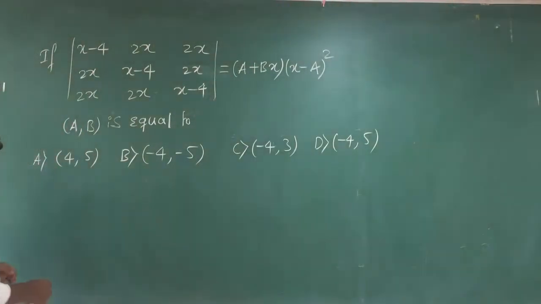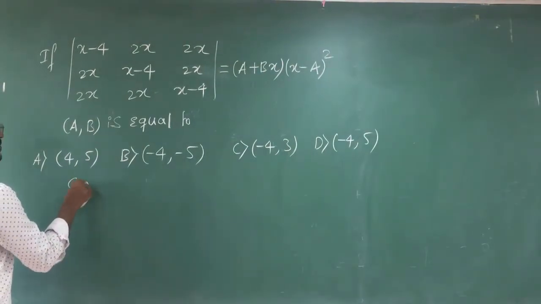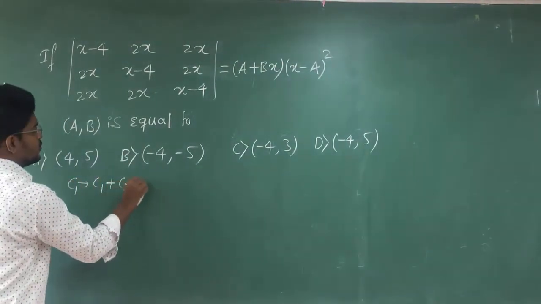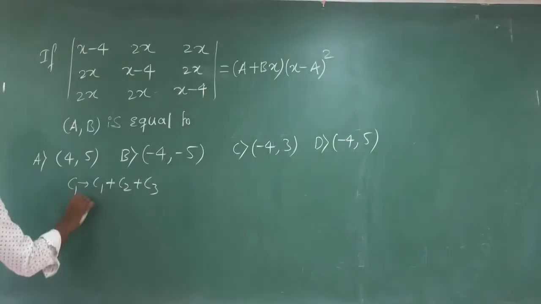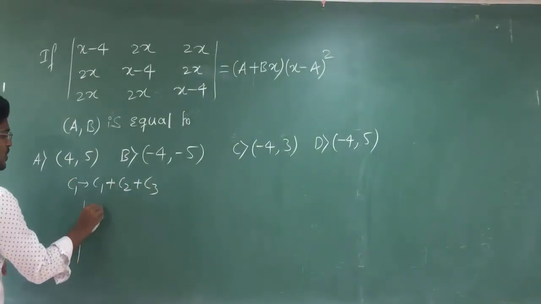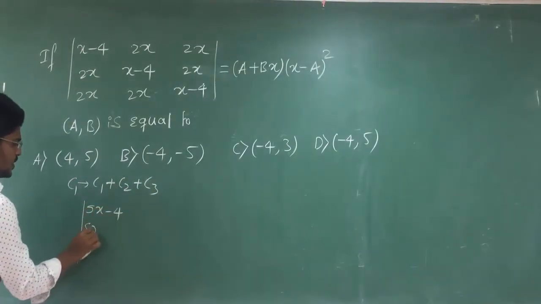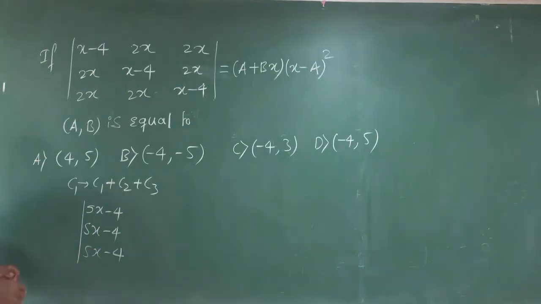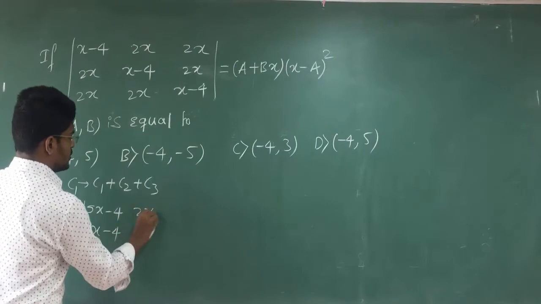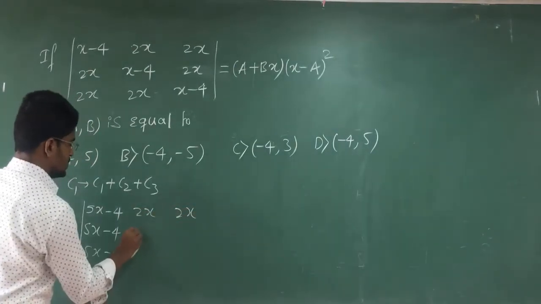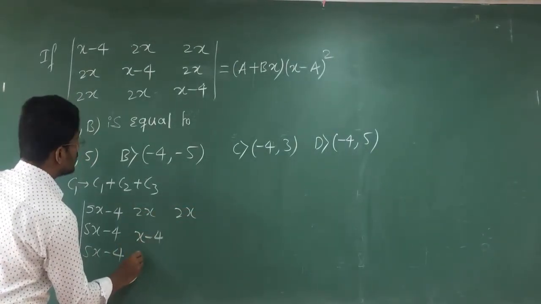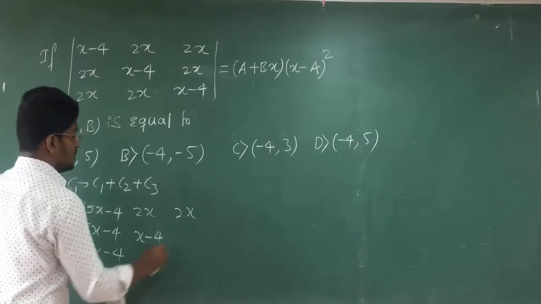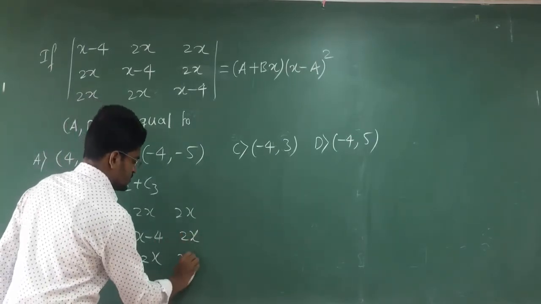So for solving this determinant, what I will do for c1, I will make it as c1 plus c2 plus c3. So it will be 5x minus 4, 5x minus 4, 5x minus 4. Clear? So remaining term 2x, 2x, x minus 4, 2x, 2x, x minus 4.